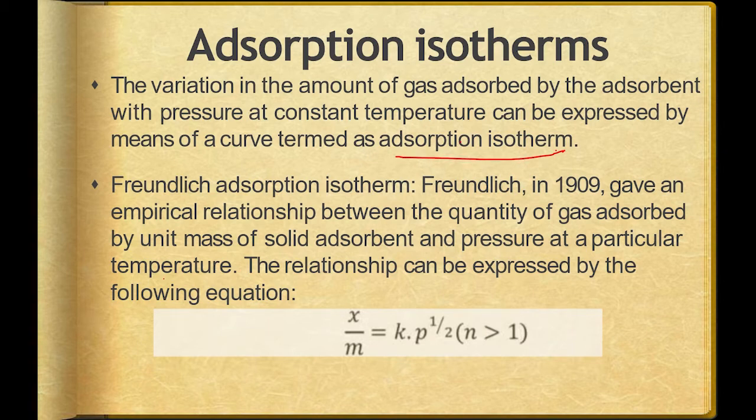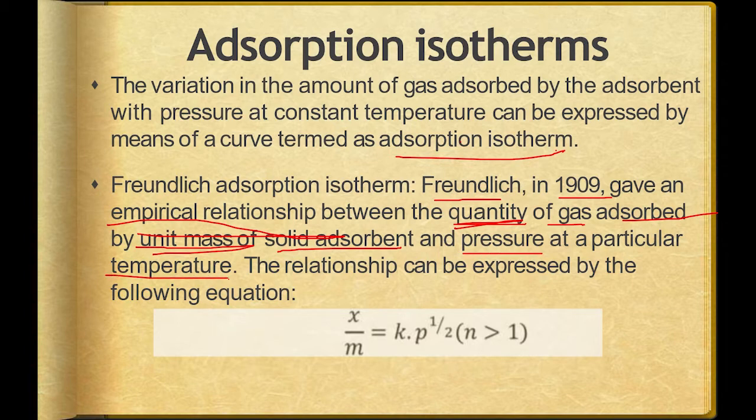Okay, so now we move on to the Freundlich adsorption isotherm, or Freundlich isotherm. Freundlich, in 1909, gave an empirical relationship between the quantity of gas that is adsorbed by unit mass of the solid adsorbent and pressure at a particular temperature.